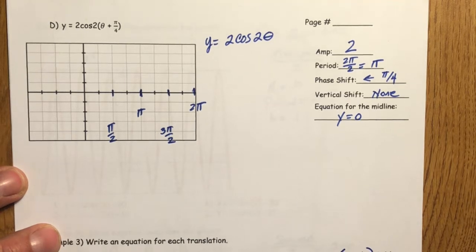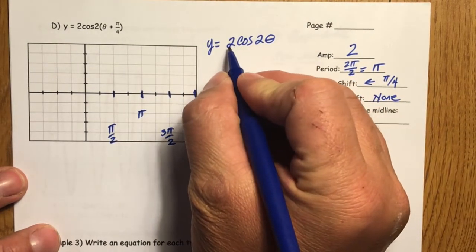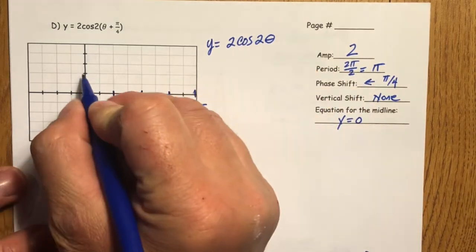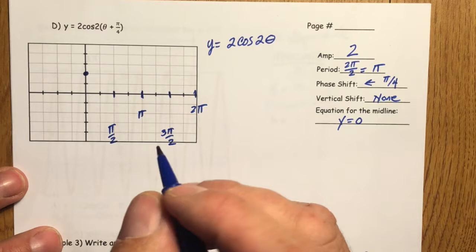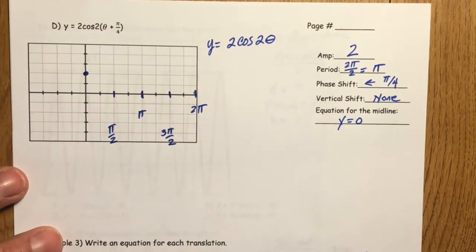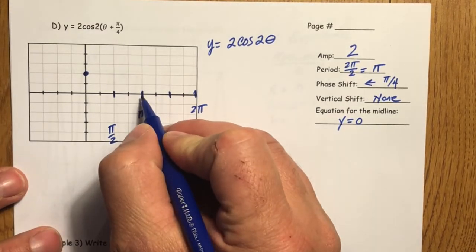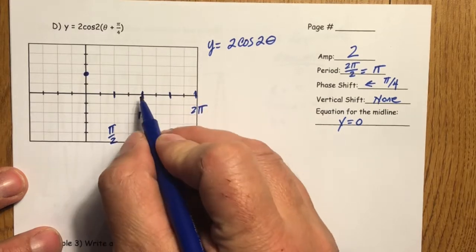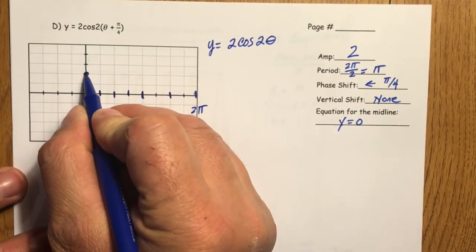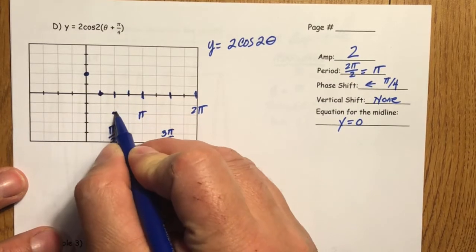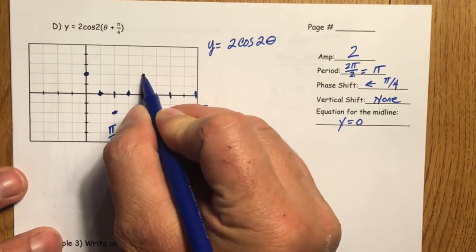This is a cosine, so I'm going to start off at the maximum. Just remember for this one, the period is pi. So I'm going to go maximum, 0, minimum, 0, maximum.